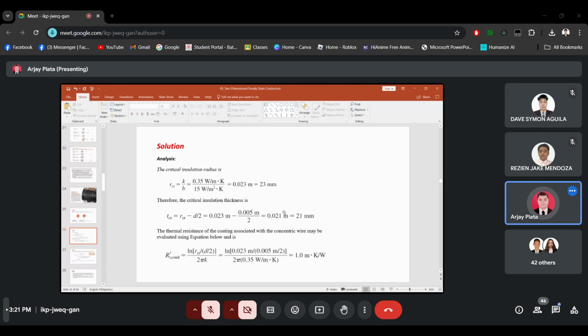That's the critical insulation thickness, or 21 mm rounded up. So we have an insulation thickness of 21 mm. The thermal resistance of the coating associated with the concentric wire may be evaluated using this equation.